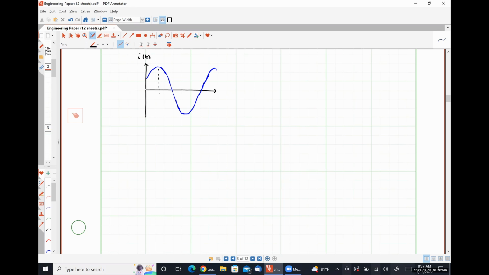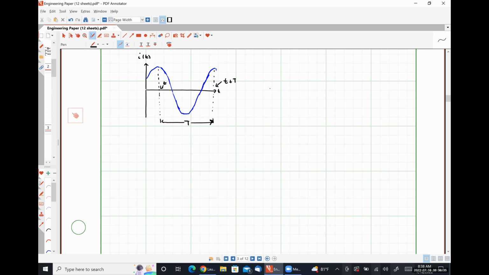I'm going to take our period to be the distance between successive positive peaks. So I'm going to call this time lowercase t, and the time that corresponds to the next peak to be lowercase t plus capital T. Okay.